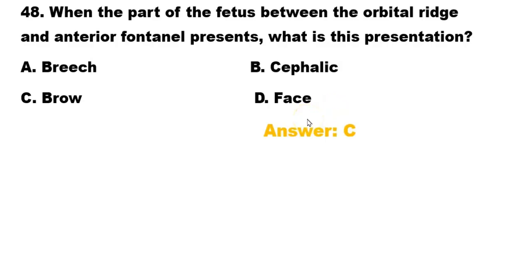You said C, you have got it, because in brow presentation the area between the orbital ridge and the anterior fontanelle is the presenting part, which leads to a larger presenting diameter and possible delivery complications.